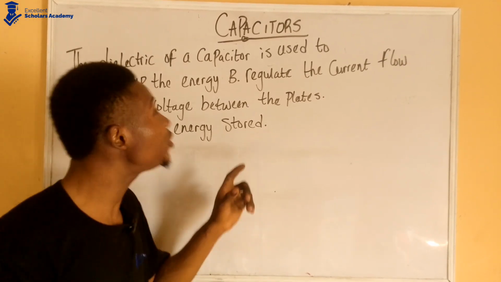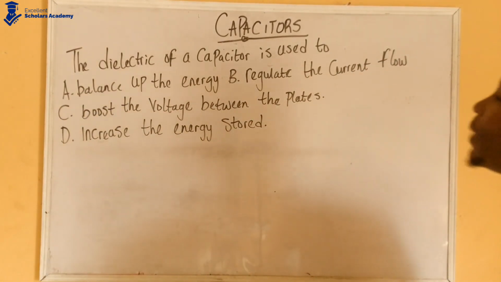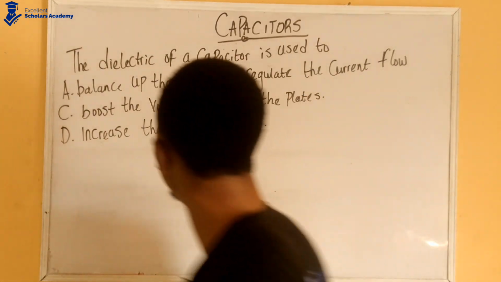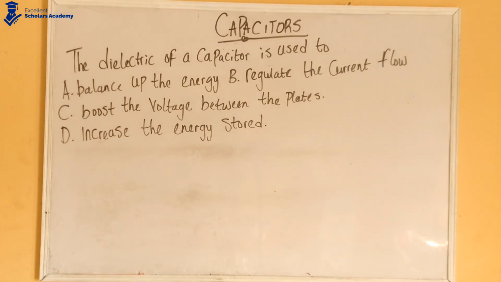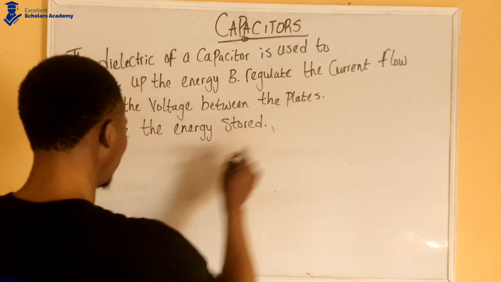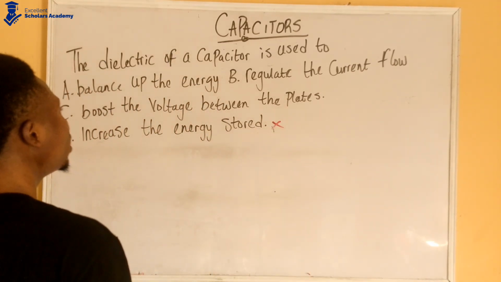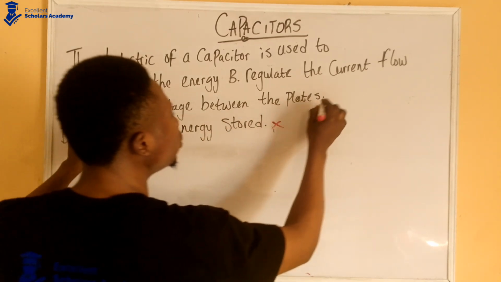The dielectric of a capacitor is used to: balance up the energy, regulate the current flow, boost the voltage between the plates, or increase the energy stored. Now, a dielectric in a capacitor does not increase the energy stored. It does not even boost the voltage between the plates.